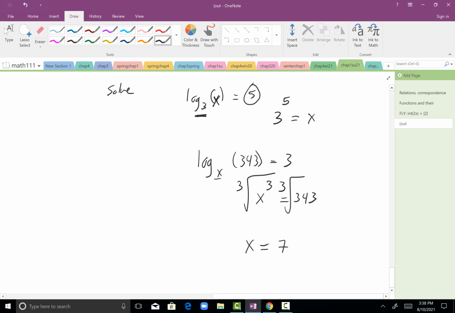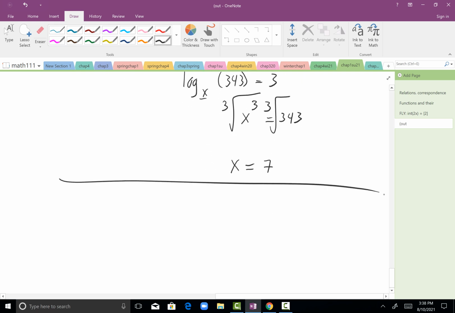So that's really the important part on logarithms. You might be asking me about the properties of logarithms, which basically says this: when you have 2 logs and you're going to add them, that means it's just a product as a single log.